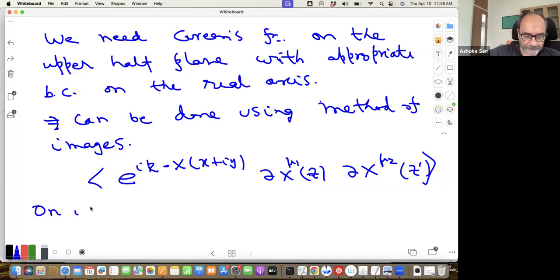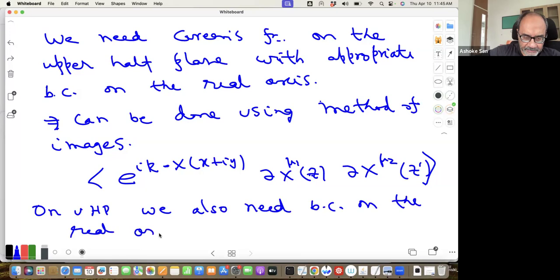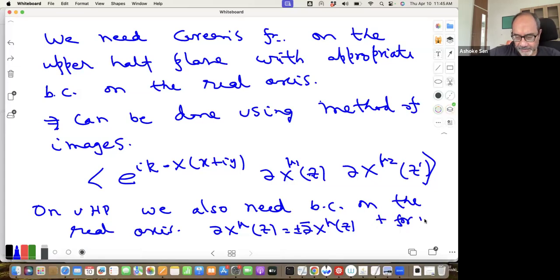Namely, del x mu of z should be equal to del bar x mu of z, plus or minus, where plus is for Neumann and minus for Dirichlet. So this boundary condition is something you have to use in addition to the singularity structure.